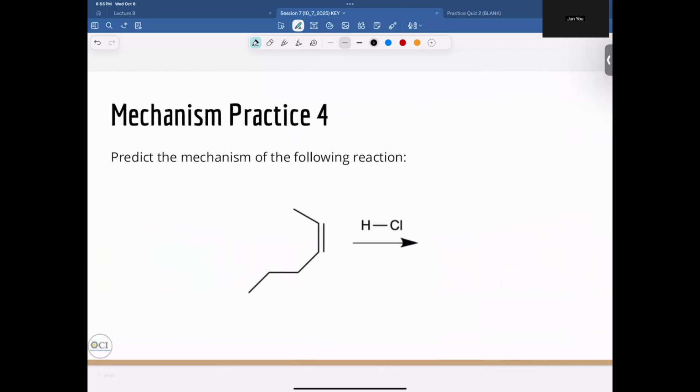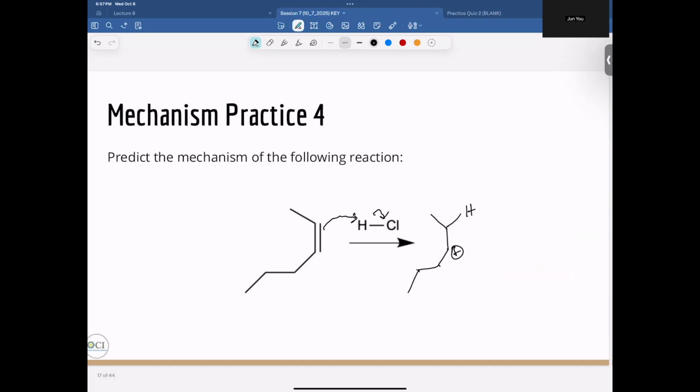All right. I'm gonna have y'all draw the mechanism of this. Pretty similar to what we did on the last question of the quiz. All right, let's go ahead and go over this. Pretty much the exact same question as the one that was on the practice quiz. So first thing that we do is we have this proton transfer right here. And that forms this, right?